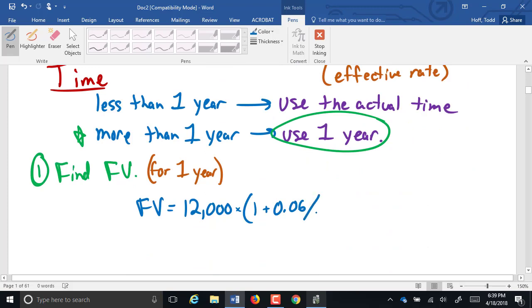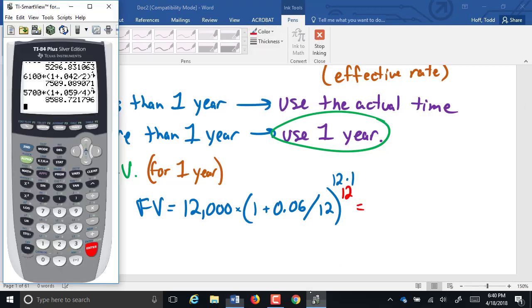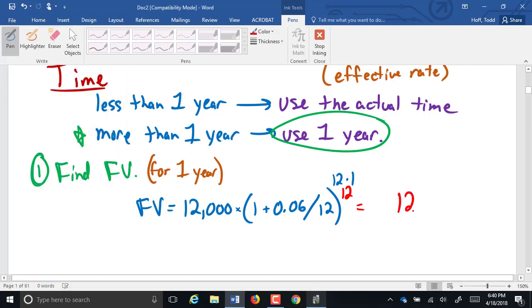So divided by 12 to the power of n times t. Well, n is 12, t is just 1. So that's the power of 12. So 12,000 times, parentheses, 1 plus 0.06 divided by 12. Close parentheses to the power of 12. So we got 12,740.13.